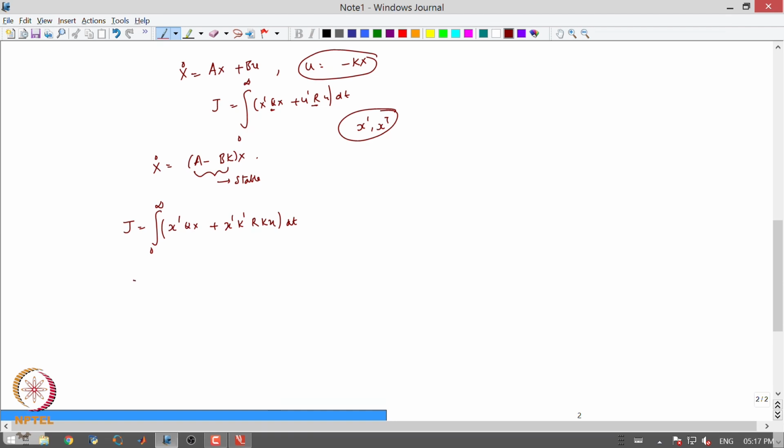So this is of the form integral from 0 to infinity of x transpose (Q plus K transpose R K) x dt.